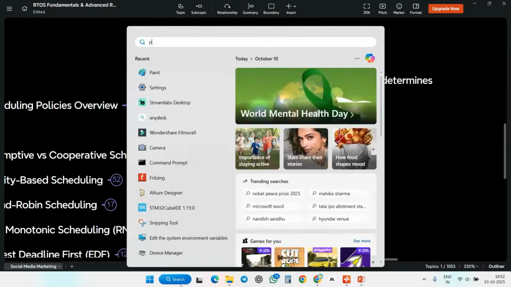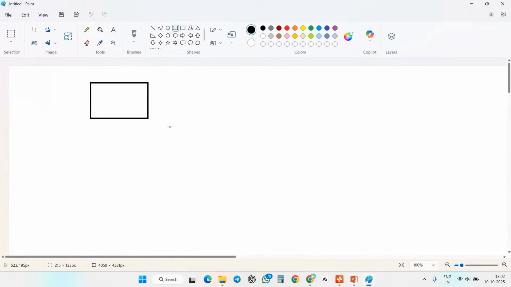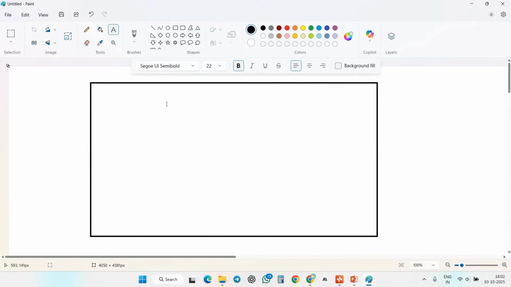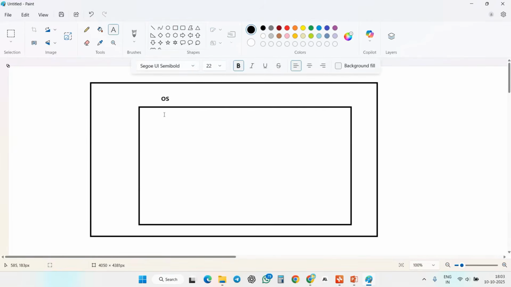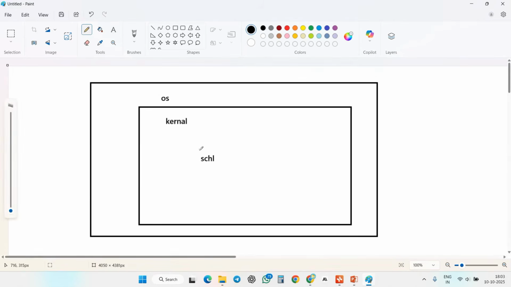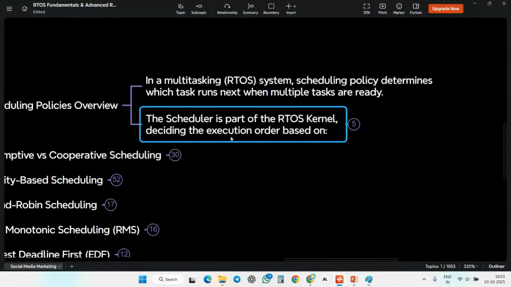I already told you this concept: if you have an operating system, the very important part of it is your kernel, and inside the kernel, the very important part you need to understand is the scheduler. The scheduler needs to decide which task is going to run next.